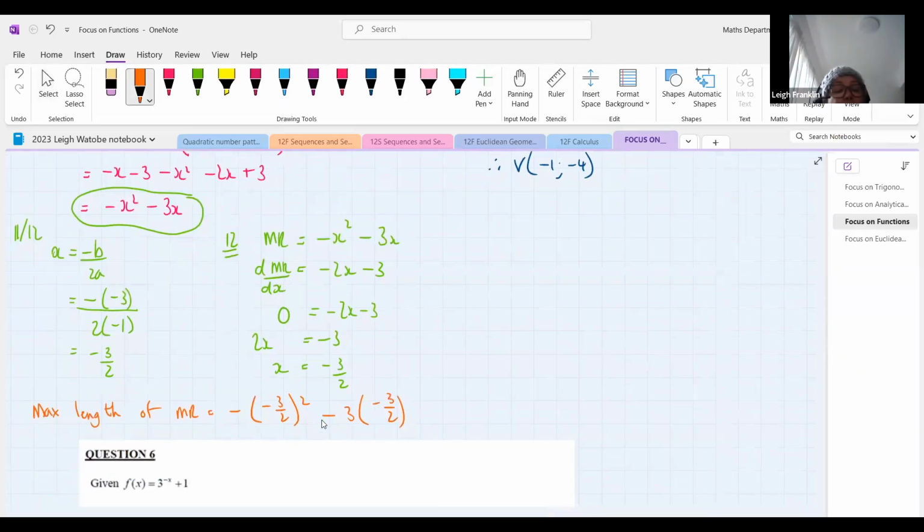Okay, and then you can work out what that is. Are you getting 9 over 4 or 2,25 units?